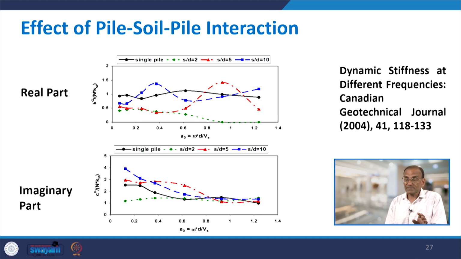Similarly, this was the case for stiffness. The same thing is for damping, which is given in part B, which shows the imaginary part, and you could see again the black line for the single pile remains more or less the same as before. This is the work which, as mentioned, is already published in the Canadian Geotechnical Journal.